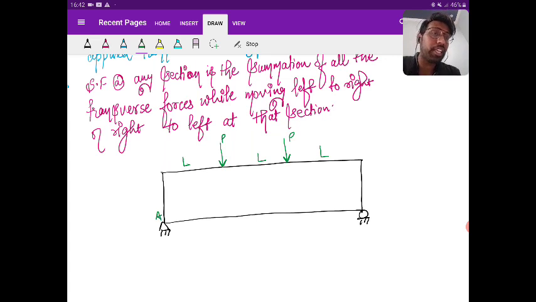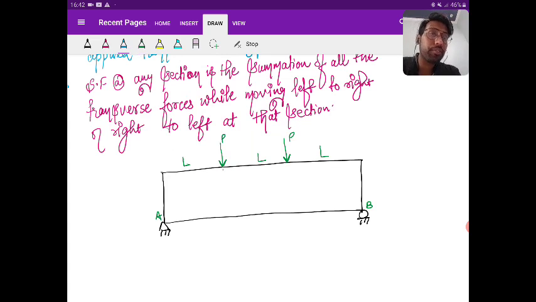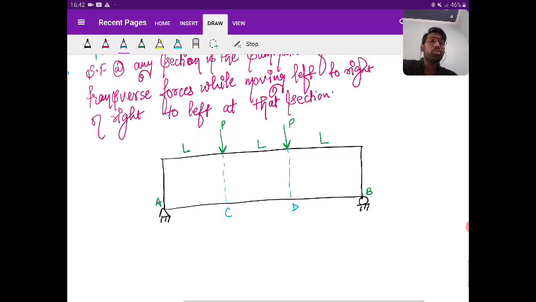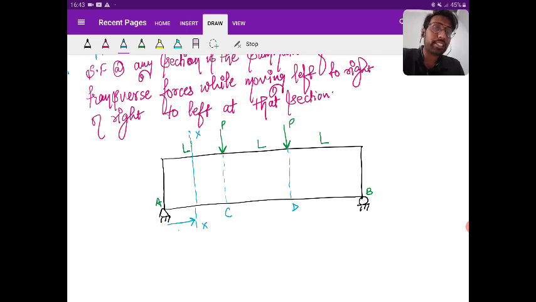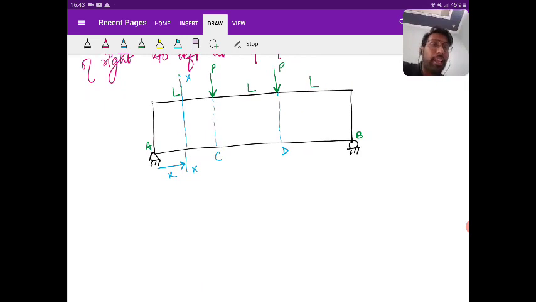Let us say the start is A, the end is B, and the other points are C and D. I am going to let you understand the shear force, but for that I am cutting a section, that is XX, taken at a distance of h from the end A. And I am trying to draw the free body diagram.